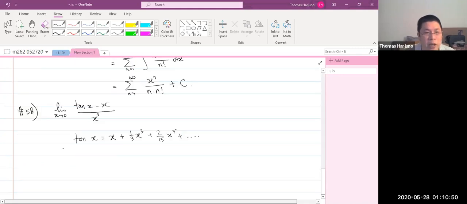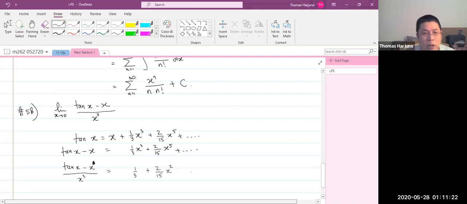So tangent x minus x will be 1/3 x cubed plus 2/15 x to the 5th and on. Now suppose I divide by x cubed, then I will get 1/3 plus 2/15 x squared and on.